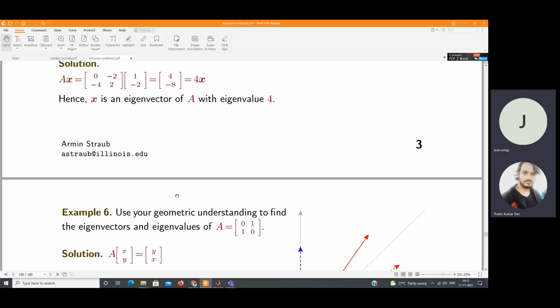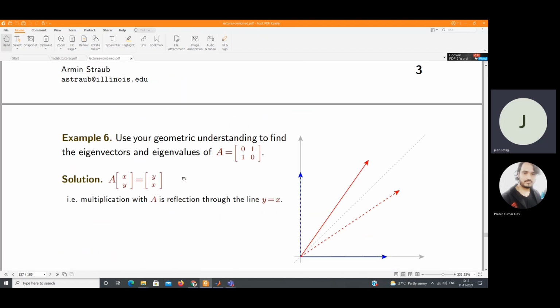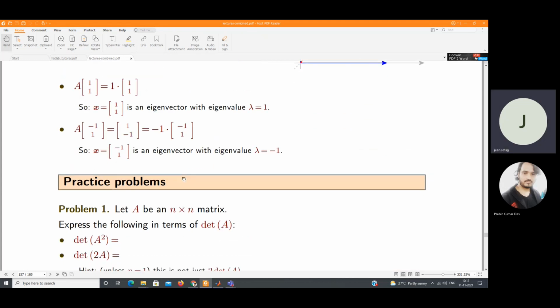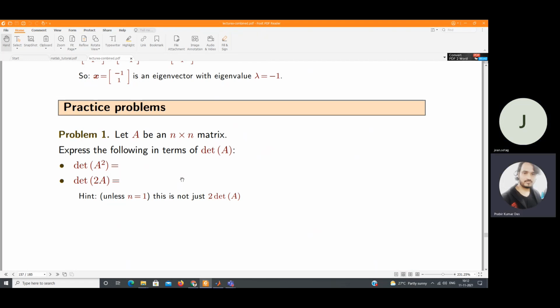One second, sir. You're asking me how to calculate the eigenvector, sir? No, first the eigenvalue. How can you calculate the eigenvalue?